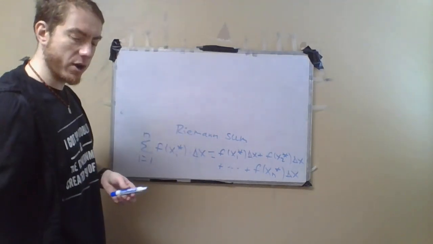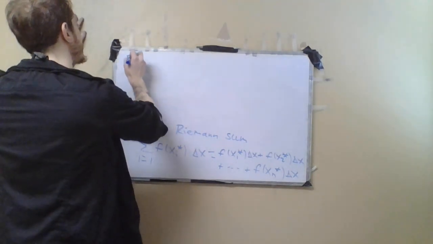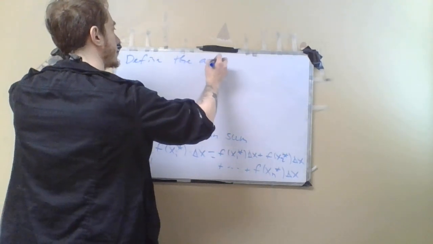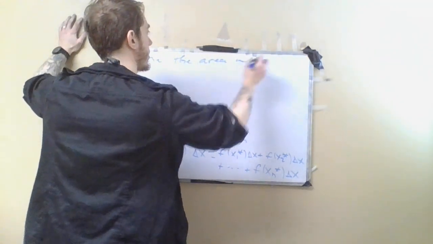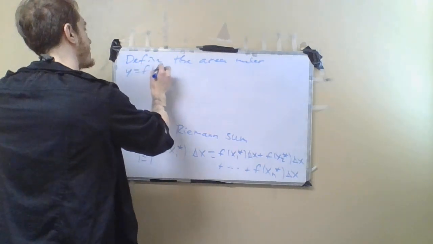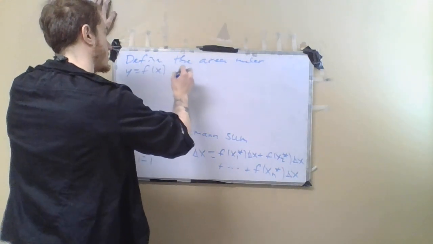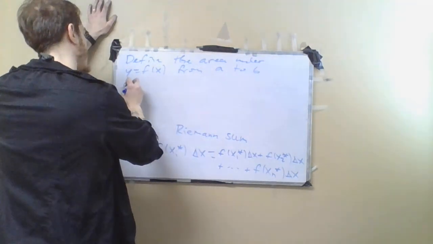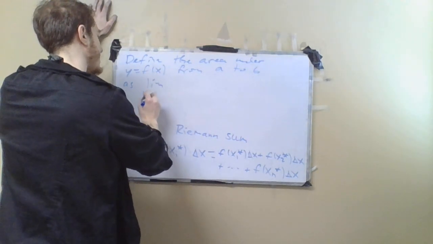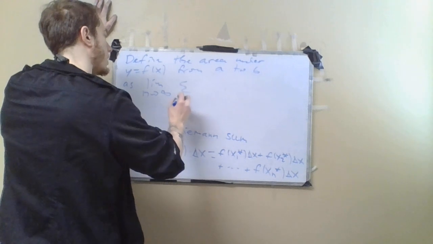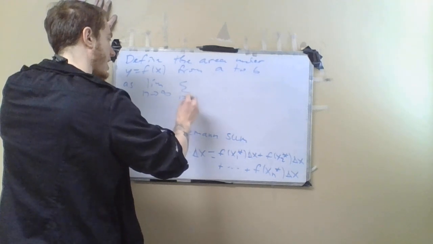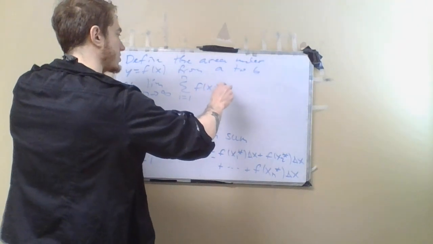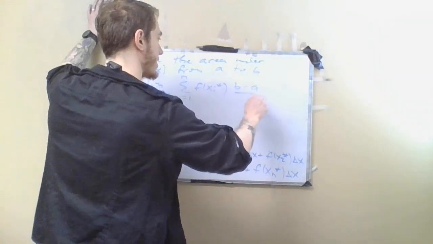So the next thing we are going to do is define the area under y equals f of x from a to b as the limit as n approaches infinity of these Riemann sums, the sum from i equals 1 up to n of f of x_i star times (b minus a) over n.